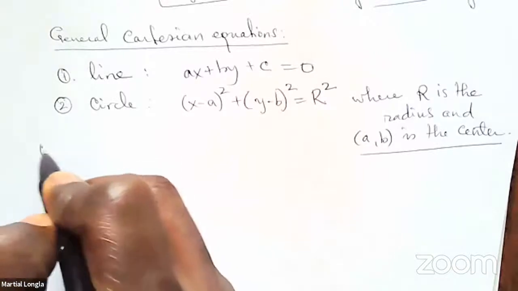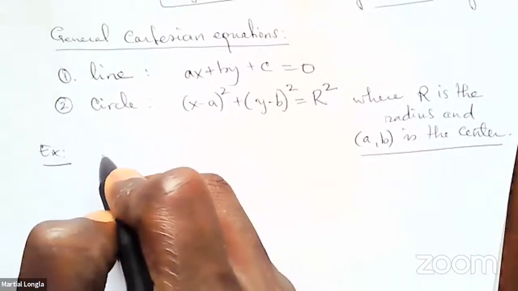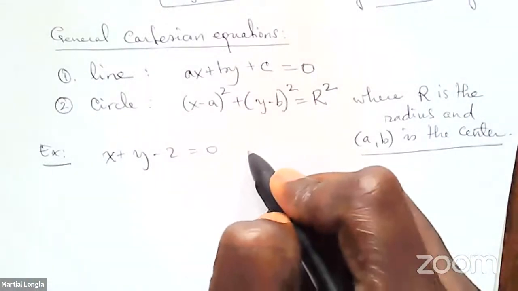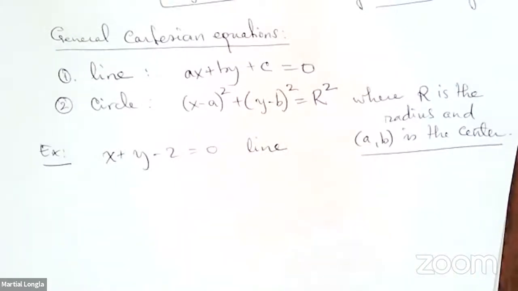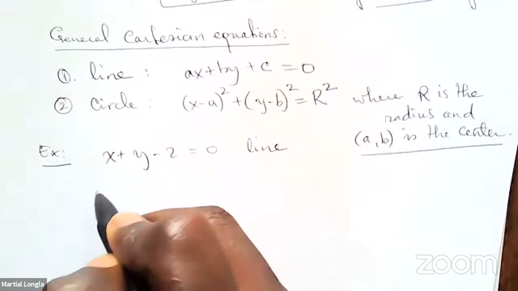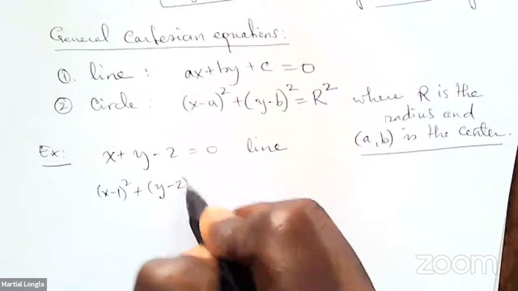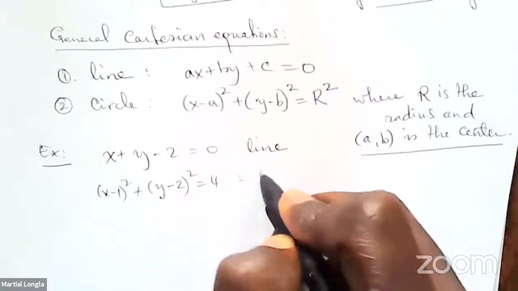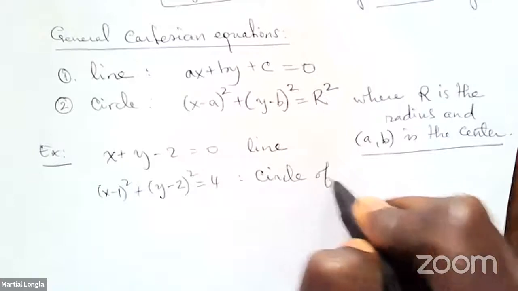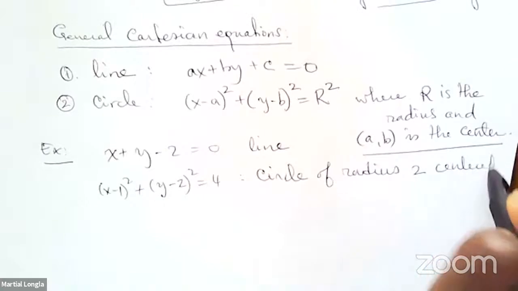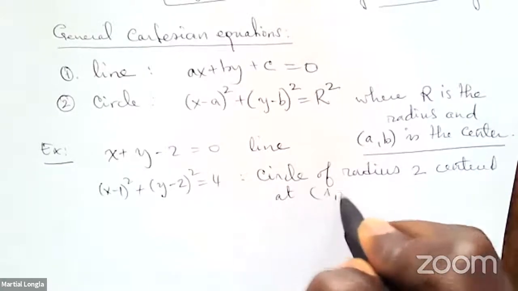Example, let's say x plus y minus 2 equals 0. That's a line. x minus 1 squared plus y minus 2 squared equals 4. That's a circle of radius 2, centered at (1, 2).